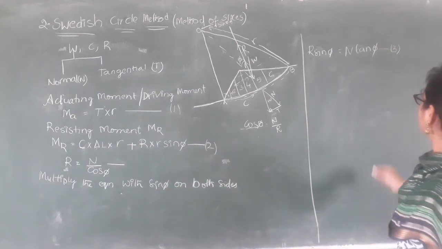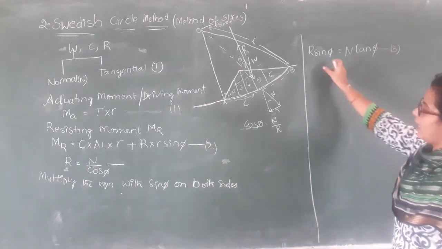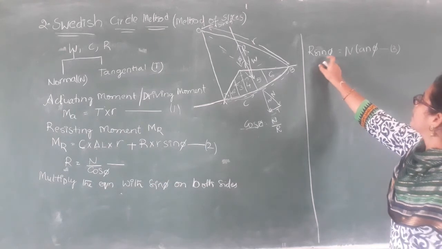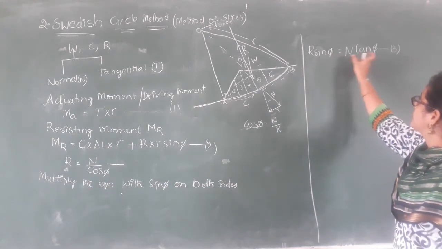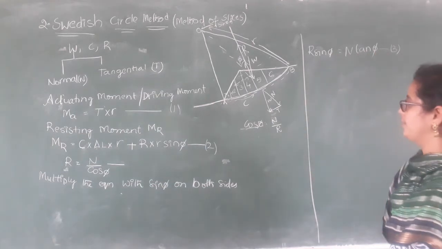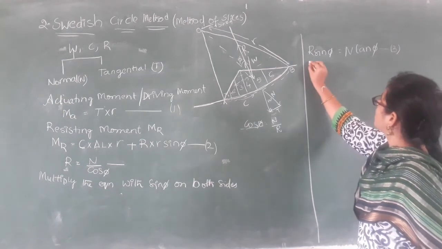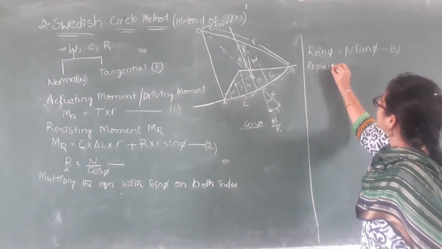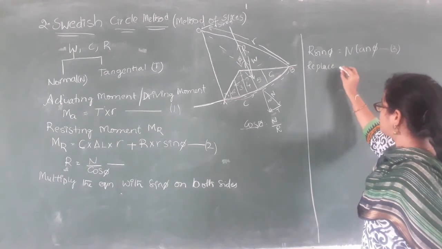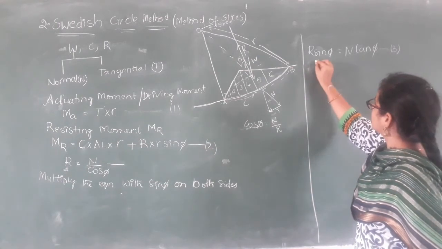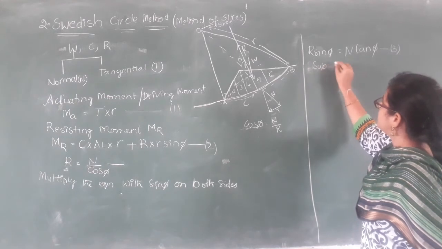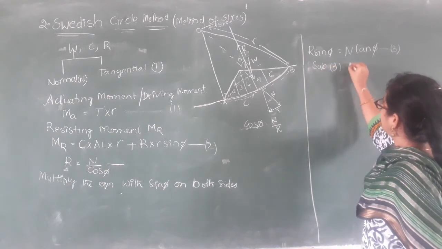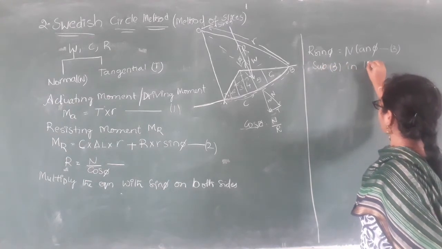So now R sin phi, replace this with the N tan phi in equation 2. So substitute 3 in 2.